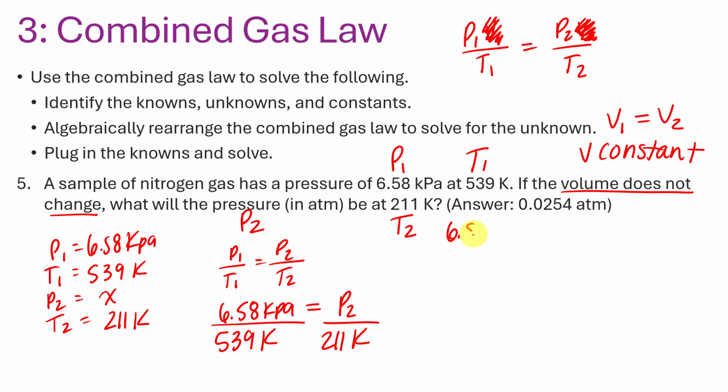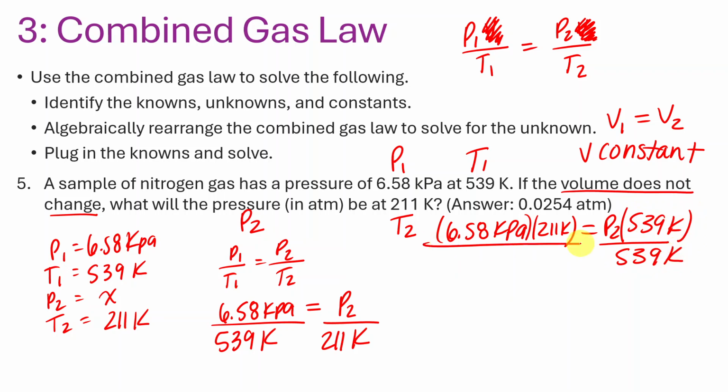So I end up with 6.58 kPa times 211 Kelvin is equal to P2 times 539 Kelvin. To solve, I'm going to divide by 539 Kelvin on both sides. So Kelvin will cancel, and this math will give me P2.